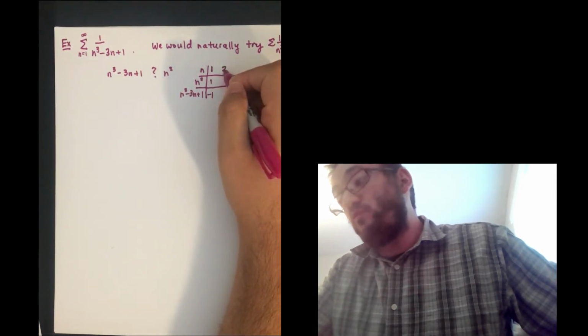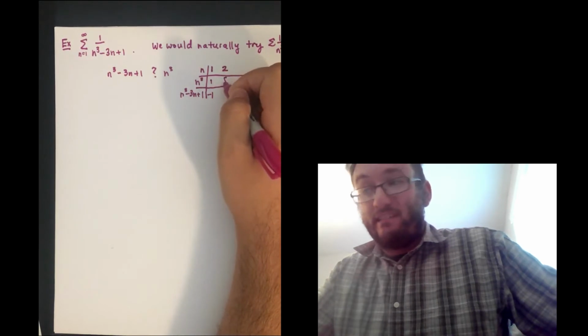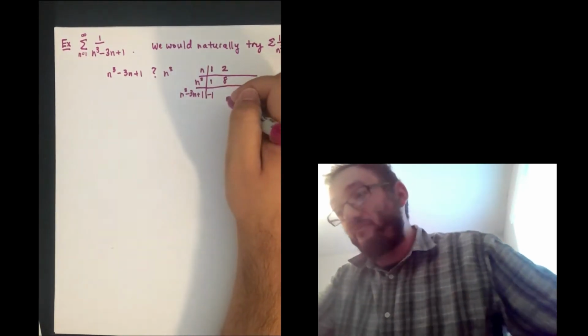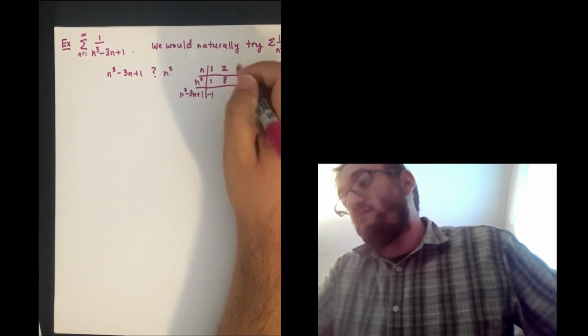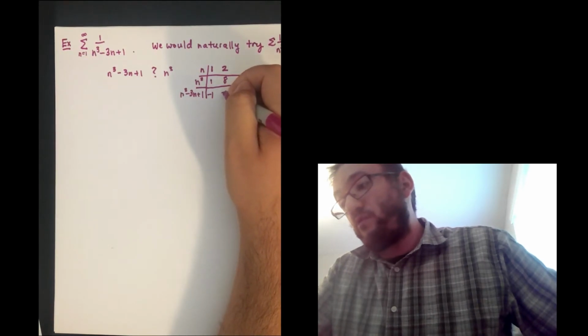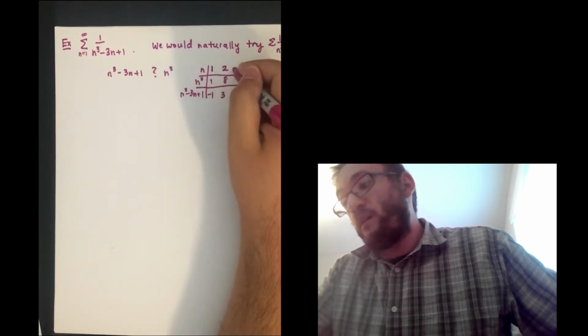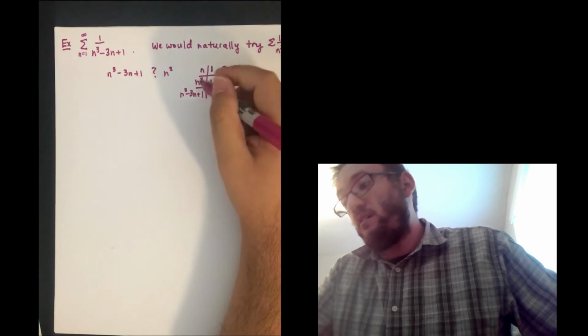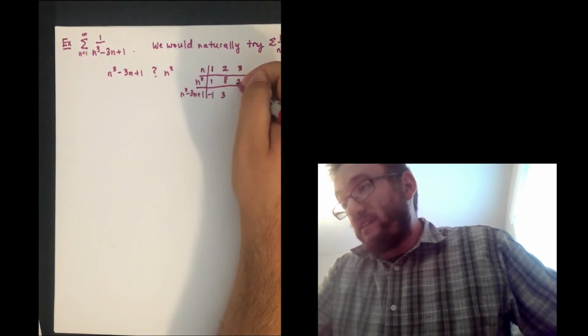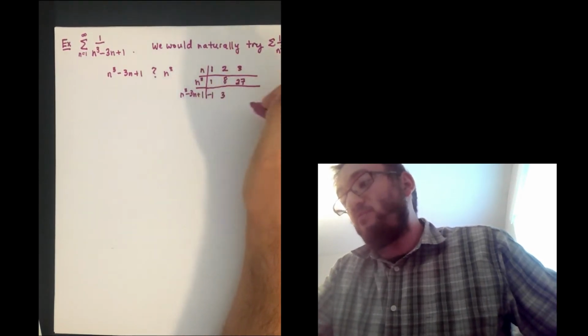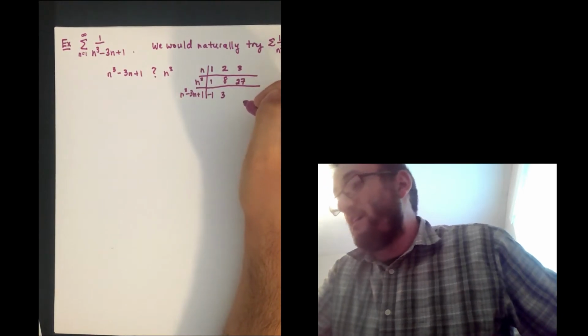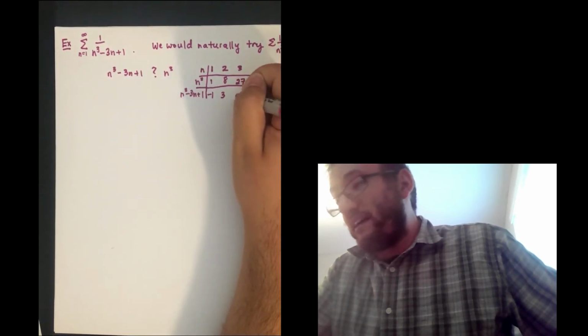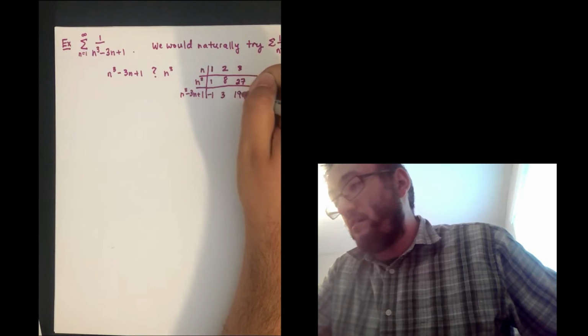When n is 2, n cubed is 8. n cubed minus 3n plus 1 is 9 minus 6, or 3. And when n equals 3, n cubed is 27. n cubed minus 3n plus 1 is 28 minus 9, or 19.